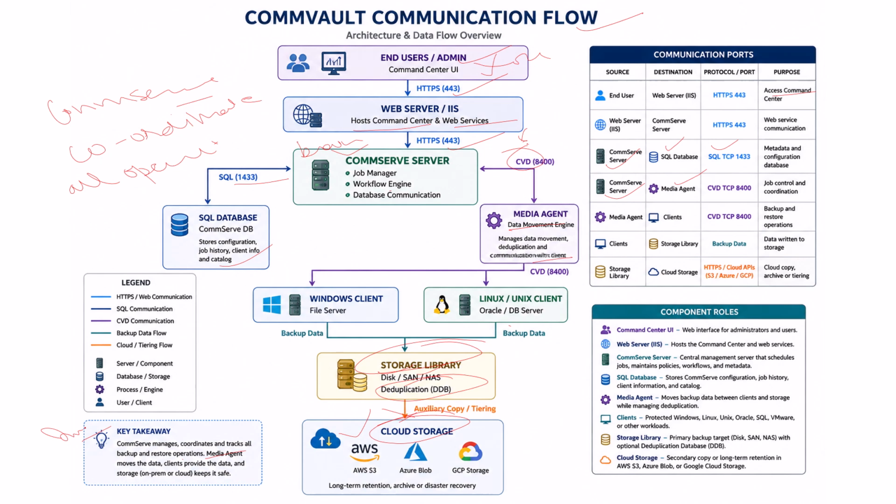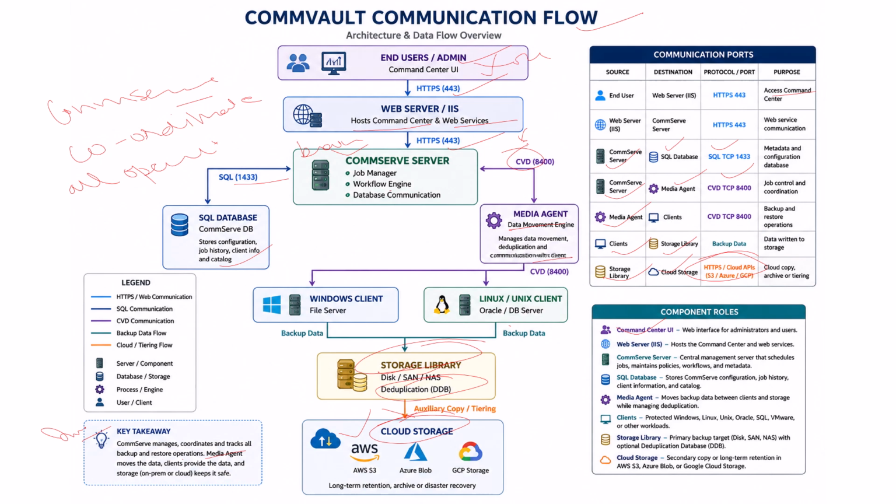CommServe to media agent: CVD TCP 8400, job control and coordination. The media agent is the source and the client TCP 8400 is for backup and restore operations. Here the client is the resource and storage is the destination. The backup data is written to the storage and cloud library over HTTPS or cloud APIs, or the cloud copy.